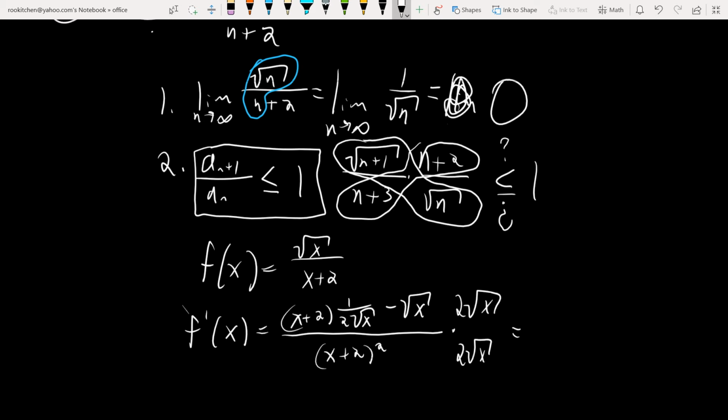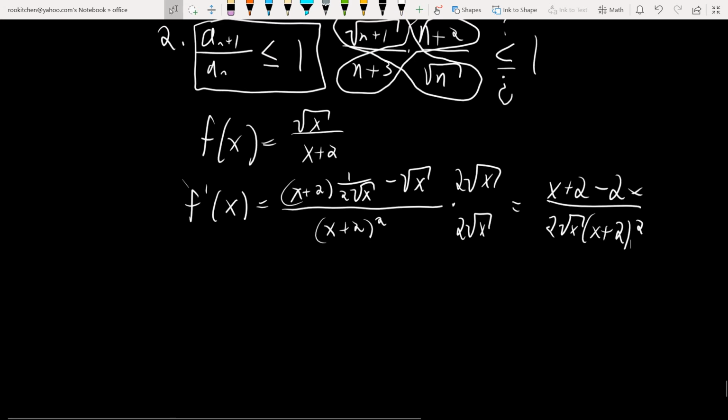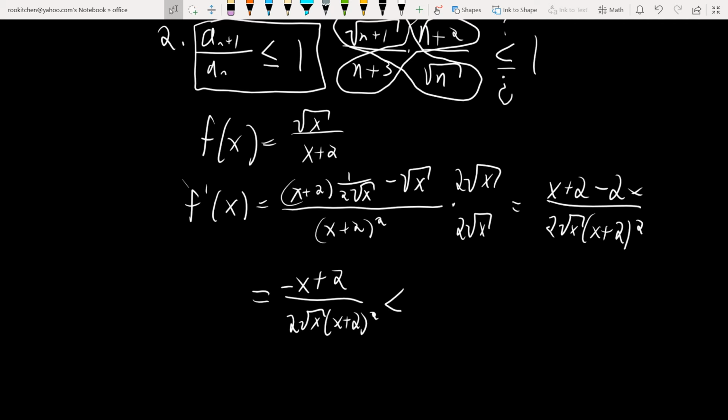And what do we get? x plus 2 minus 2x all over 2 square root x times x plus 2 squared. Sorry, my pen is acting up on me. And so that will be equal to negative x plus 2 all over 2 square root of x times x plus 2 squared, which will be less than 0 for x greater than 2, because that denominator is positive for all x values greater than 2.